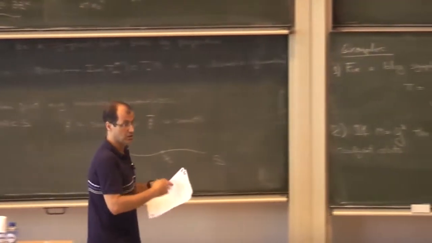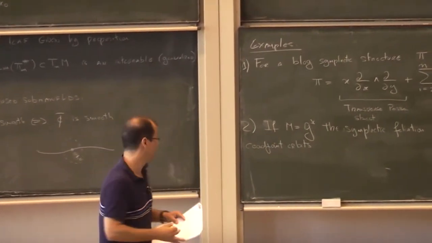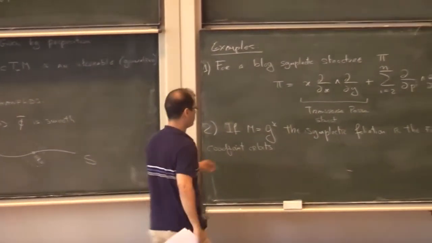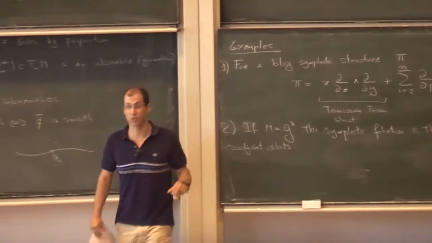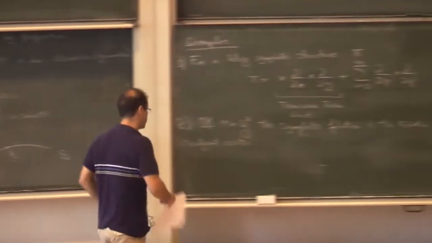Even in this case, if you pick a leaf which is singular, meaning a leaf where the dimension of nearby leaves is different, it's hard to figure out what the transverse Poisson structure is. And there are various results about it. Okay?